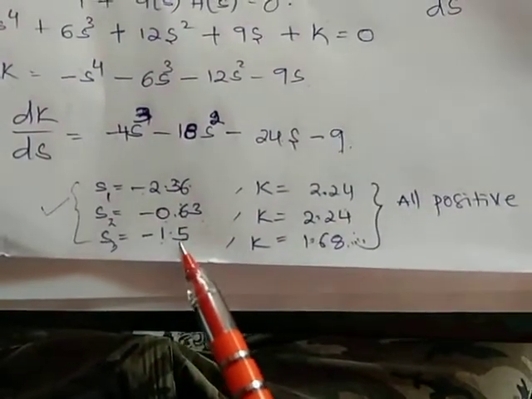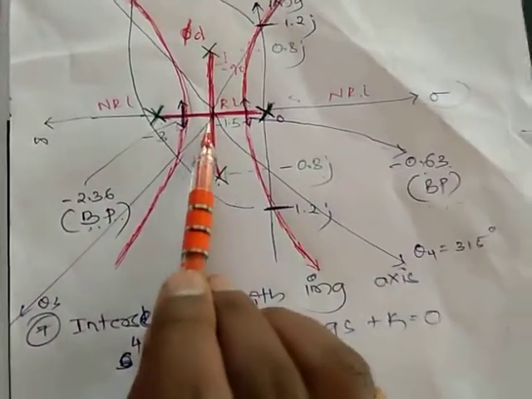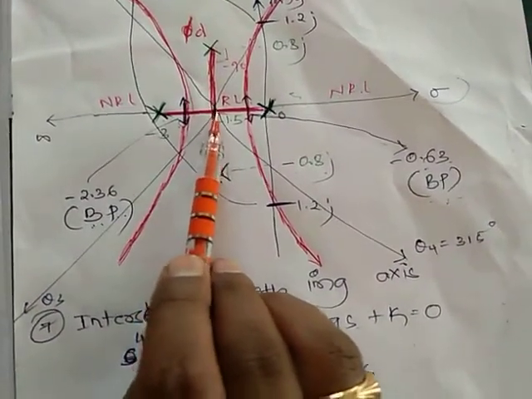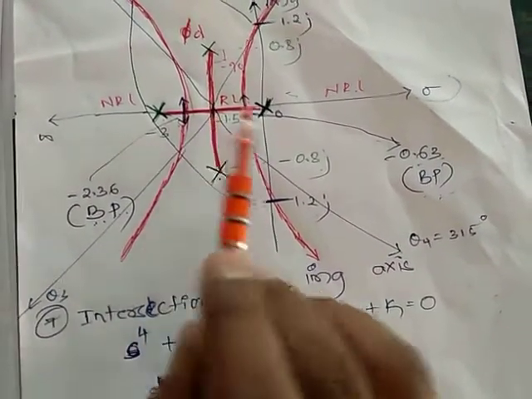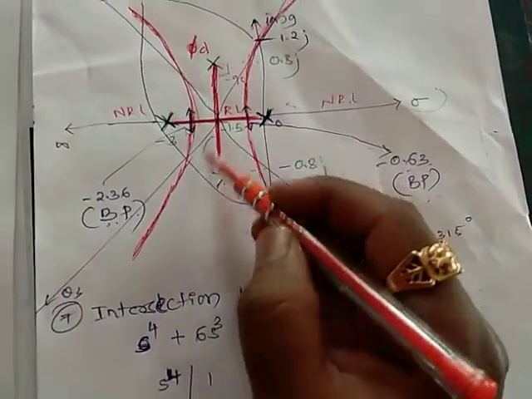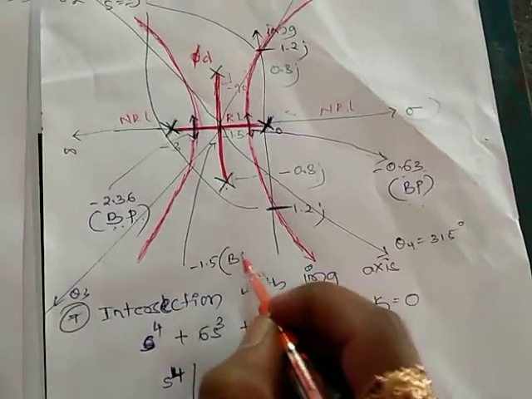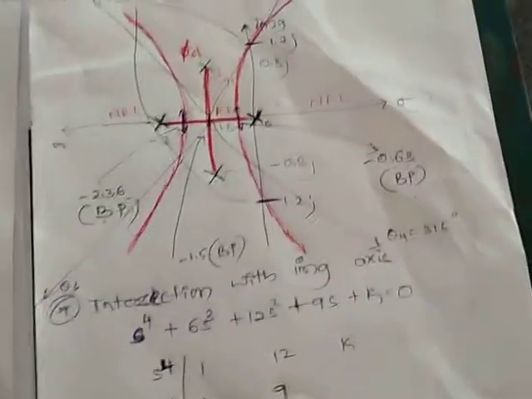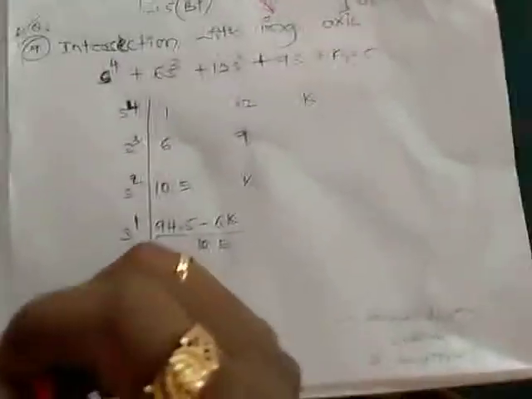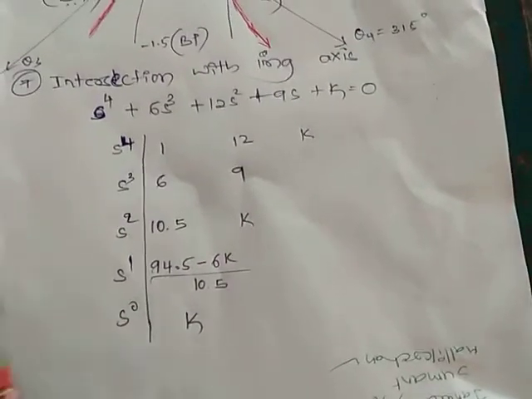Third, s3 is minus 1.5. Here also I have mentioned s3 as minus 1.5, the minus 1.5 breakaway point.